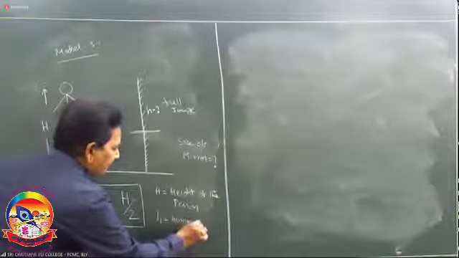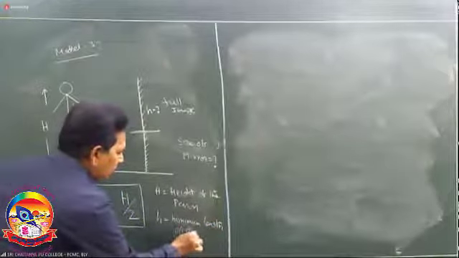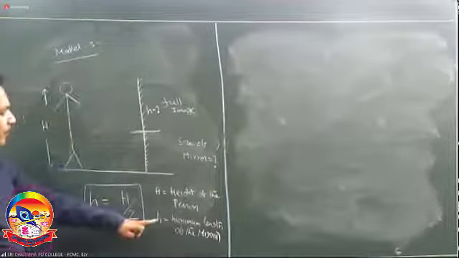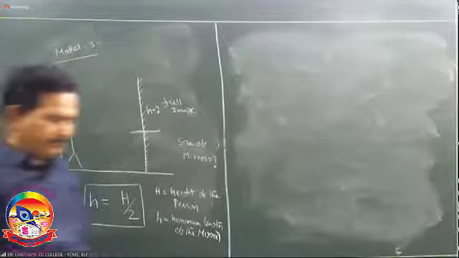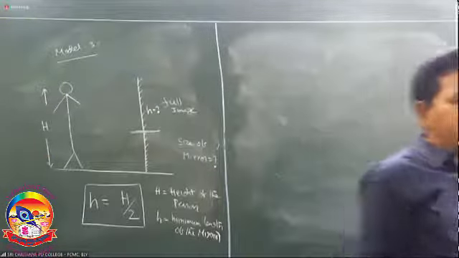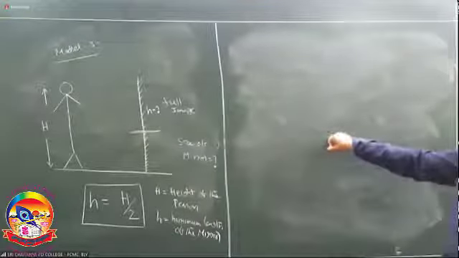The minimum length of the mirror to see the full image in the mirror. h is equal to H by 2. That's what I am proving on this side.